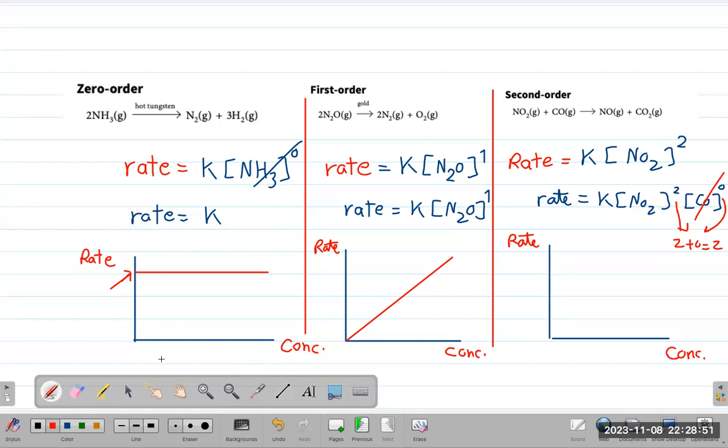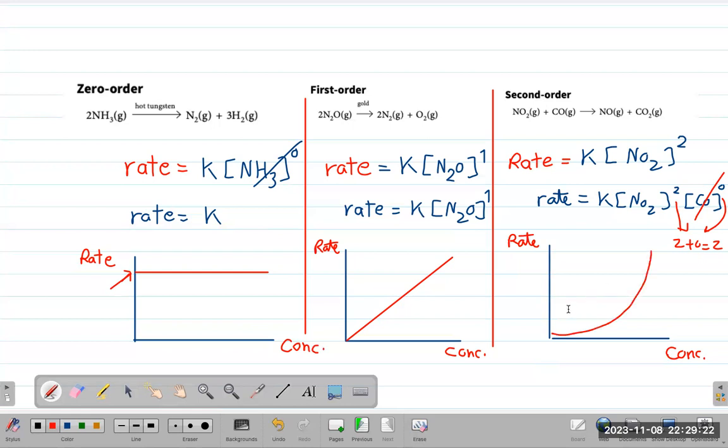So the curve will look like that. When the concentration of NO2 doubles, the rate of the reaction increases 4 times. So for example, if the rate at 1 mole per liter is a certain rate, then doubling the concentration gives four times the rate.